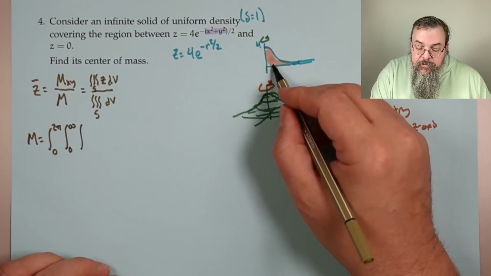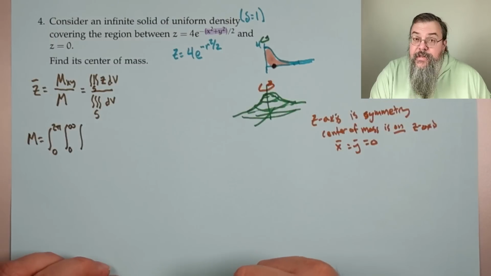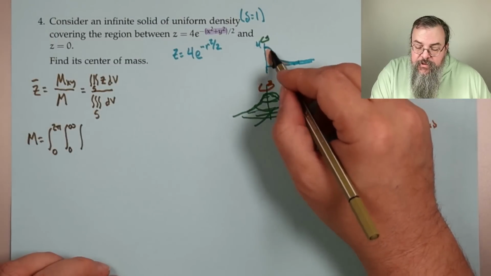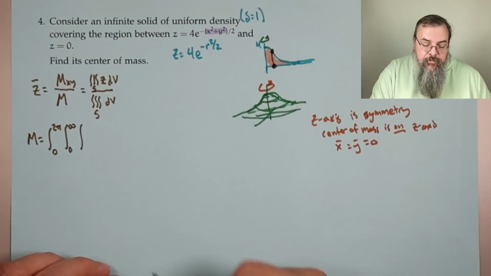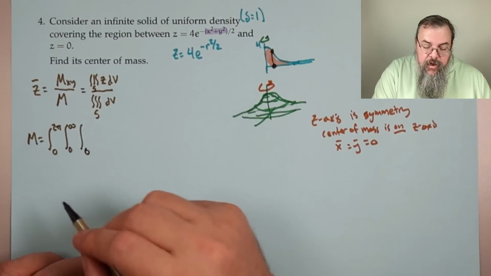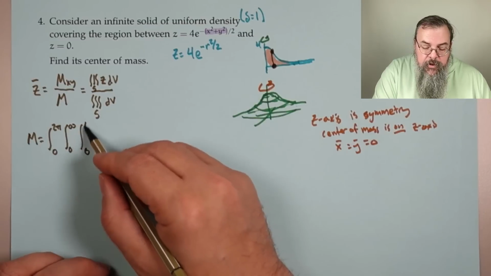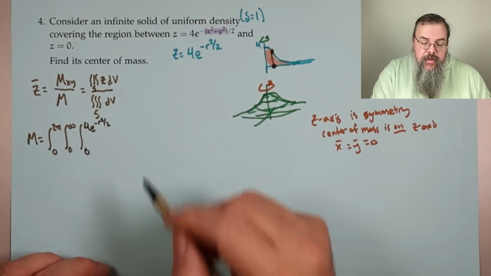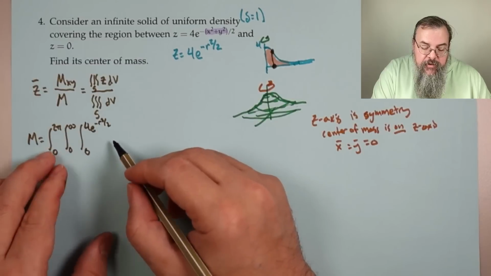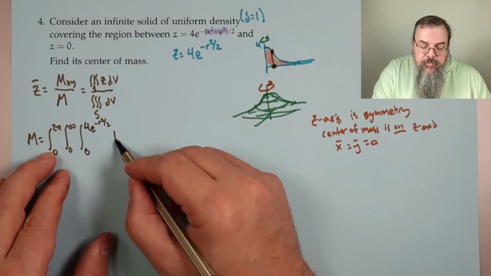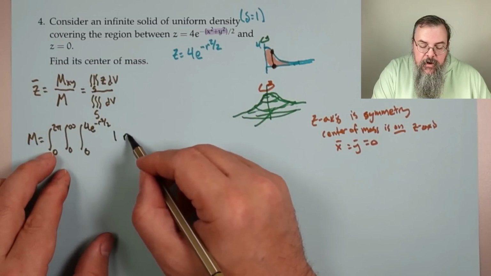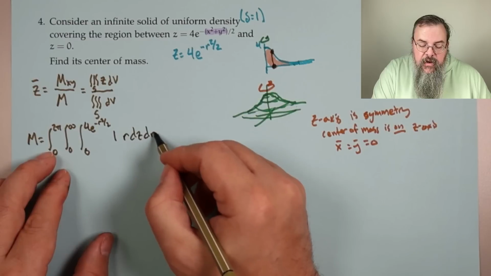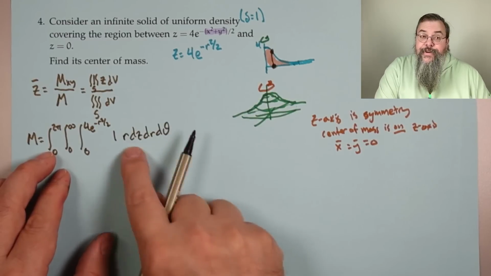Well, we're going to go from 0, which is the plane, up to the surface, so 0 up to 4 e to the minus r squared over 2. And then we have our mass, it's just 1. And then we have our r dz dr d theta. This is our dV.